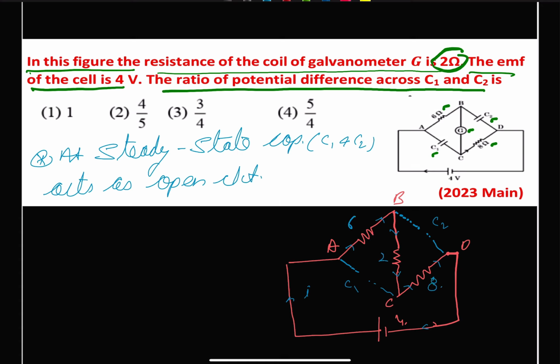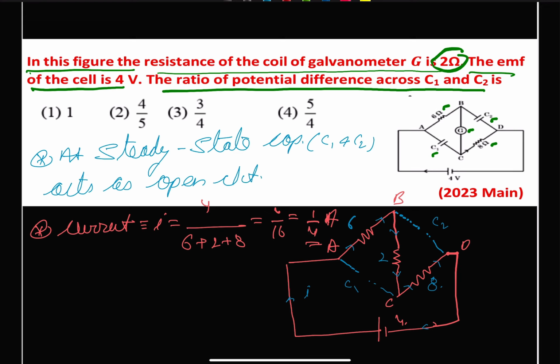Therefore we can write that the current I will be equal to supply voltage 4 over resistance 6 plus 2 plus 8, which comes as 16. So this comes as 4 by 16, giving us 1 by 4 amperes.